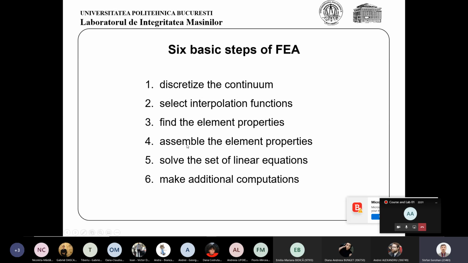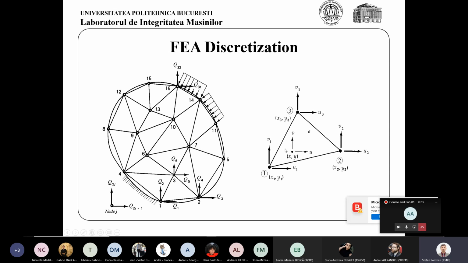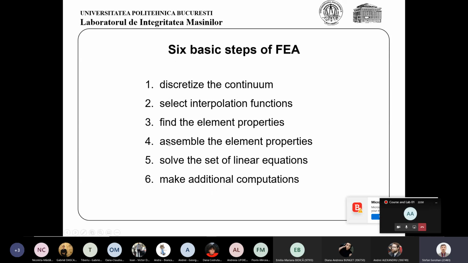Then we must assemble the element properties. So for each element here, we can use the theory to write something. This kind of information is just for an element, but we need the information for the whole body. That means we must integrate, or we must assemble the element properties.